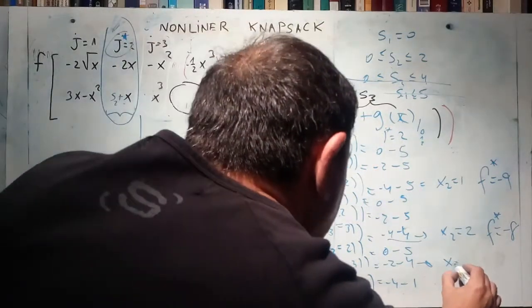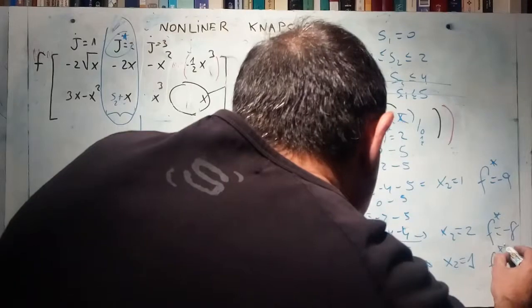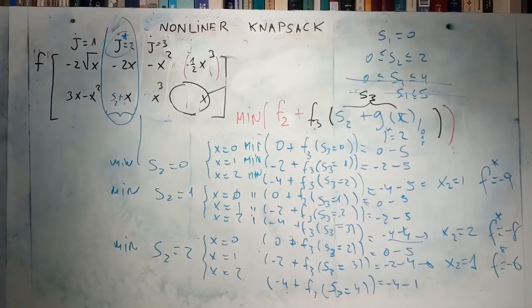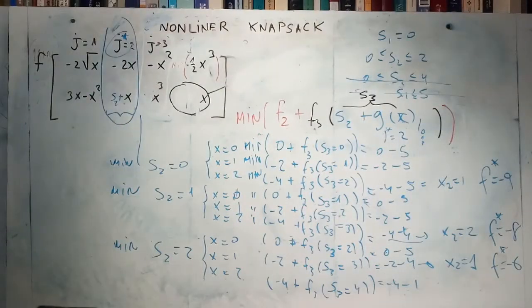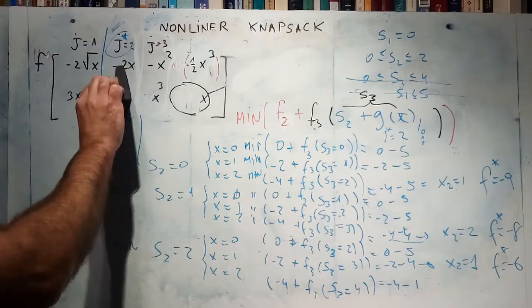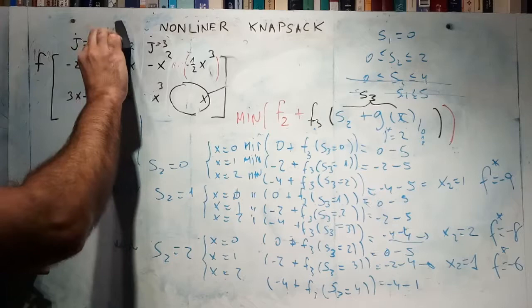For x2 being 1, f star is minus 2, minus 4, minus 6, right? Okay, this stage is also done, and now we are to tackle the first stage. So now we will be moving to this column.